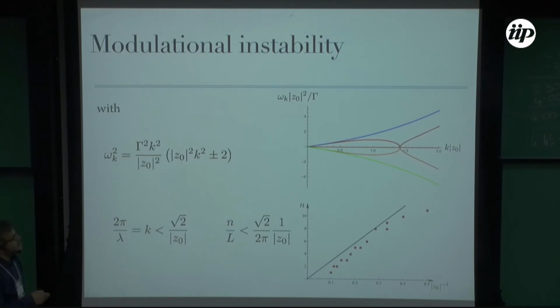Then this is plotted here. That means that this branch here is unstable, because when I take the square root of something negative, it has an imaginary part, and this means an instability. These are frequencies, the blue one is the real frequency, the other one is the imaginary frequency. Then this instability is the one we are interested in.